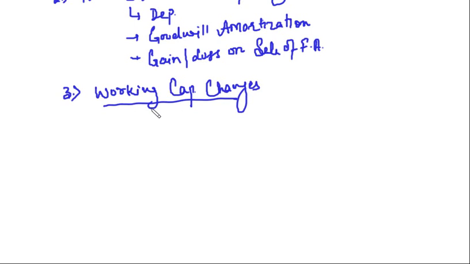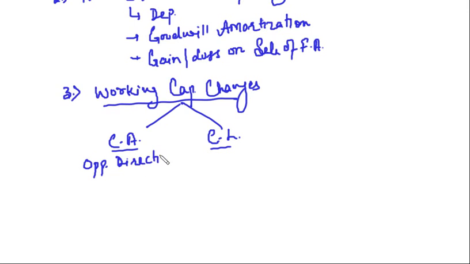In working capital changes, we have two things. We have the current assets and the current liabilities. Current assets move in the opposite direction and current liabilities move in the same direction. What does this mean?